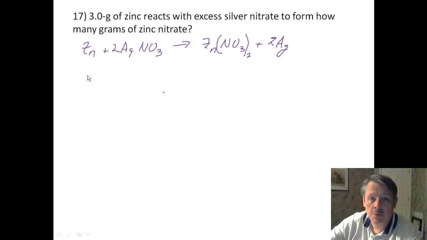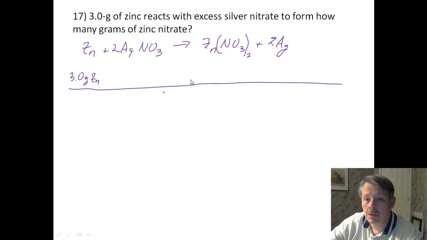We have 3.0 grams of zinc, and we have to convert from grams of zinc to moles of zinc, and then we have to convert from moles of zinc to something. So what do we choose to go to? Well, it's asking us how many grams of zinc nitrate we're going to have.